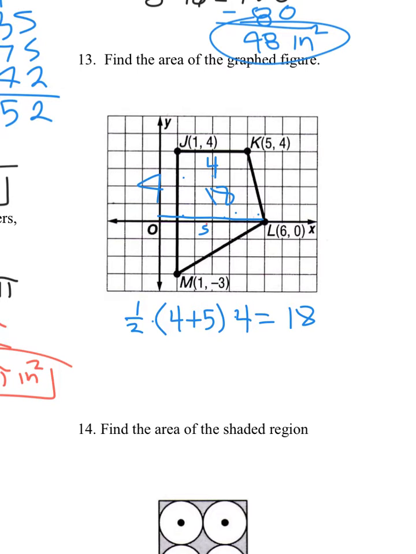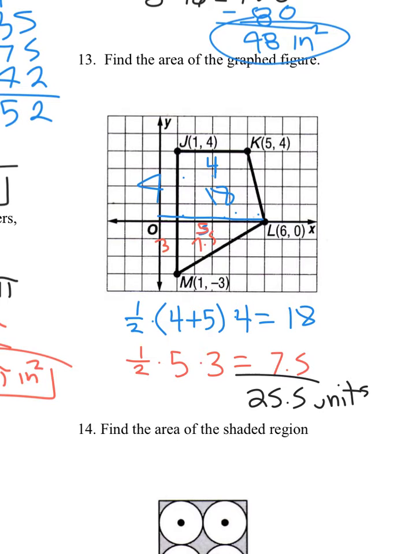On the bottom, 5 by 3, 1/2 times base times height is 7.5. Add those together, 24.5 units squared.